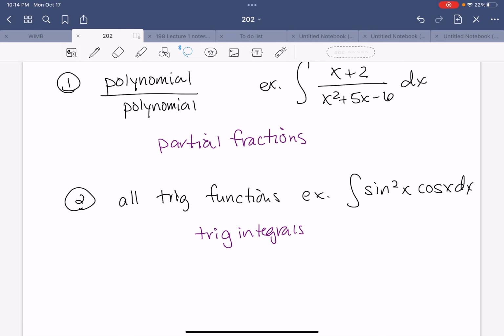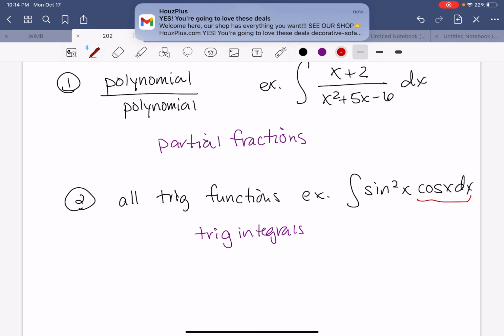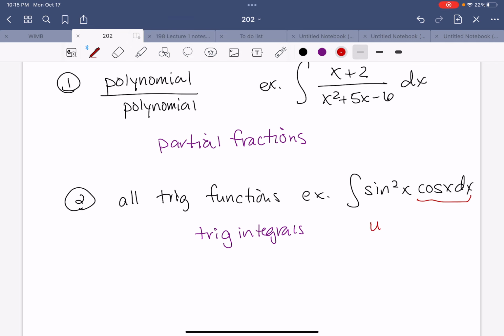A lot of times you're going to go to sines and cosines and then take a look at what's happening. We know if it's even or odd what we do. And typically if we've got a denominator, whatever's in the denominator is typically going to be my u. In this particular one, u would be sine x, and my du would be cosine x dx. But all the things we talked about in section 7.2 for trig integrals.